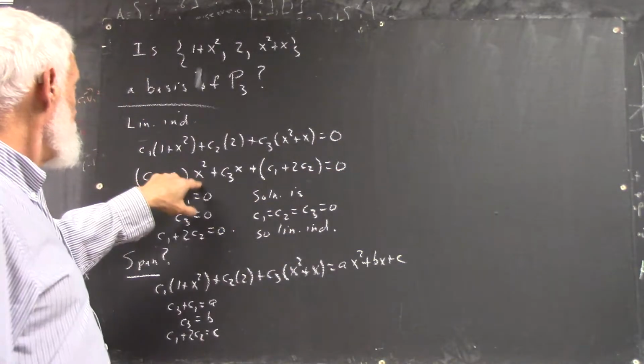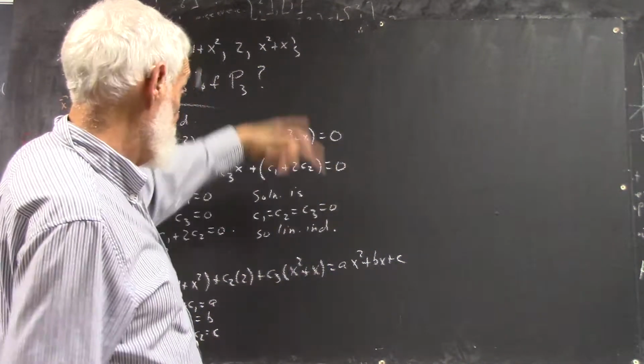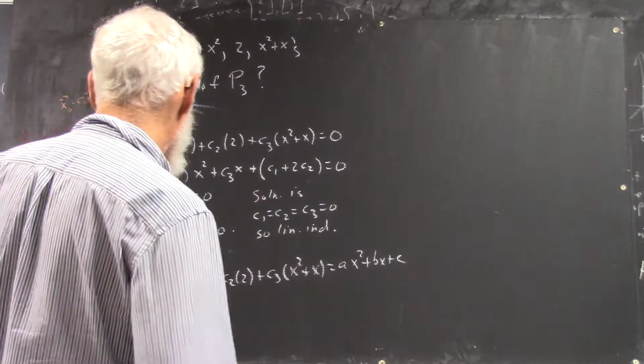So whatever is multiplying x squared has to be equal to a. That's all.